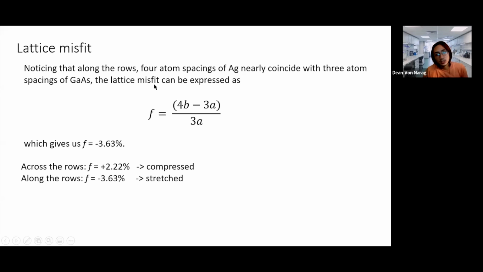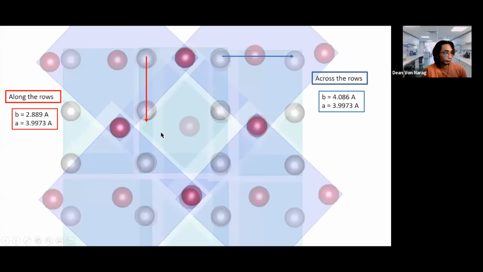So the lattice mismatch here can be expressed as 4B, since we have 4 atomic spacings of silver, and 3A, since we have 3 atom spacings of gallium arsenide, which gives us not 27.7%, but only 3.6. Essentially, we have only 3.63% lattice misfit. So here we can see that 3 atom spacings of GaAs nearly coincide with 4 atom spacings of silver. So again, this is not accurate. We will see later why.